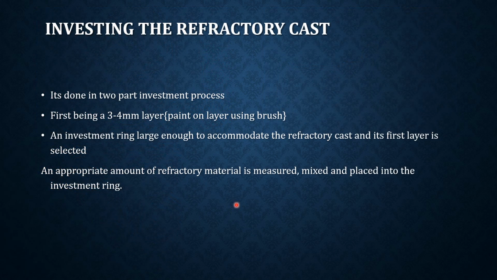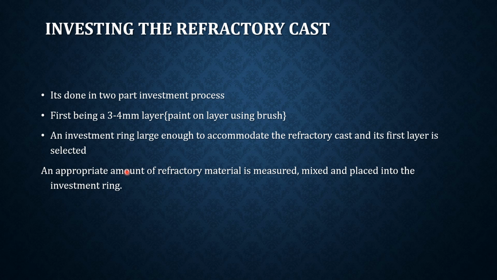So now coming to the investing of the refractory cast. This is done in a two-part investment process. First is a 3 to 4 layer coat, which is painted on with a brush, and an investment ring large enough to accommodate the refractory cast is selected.